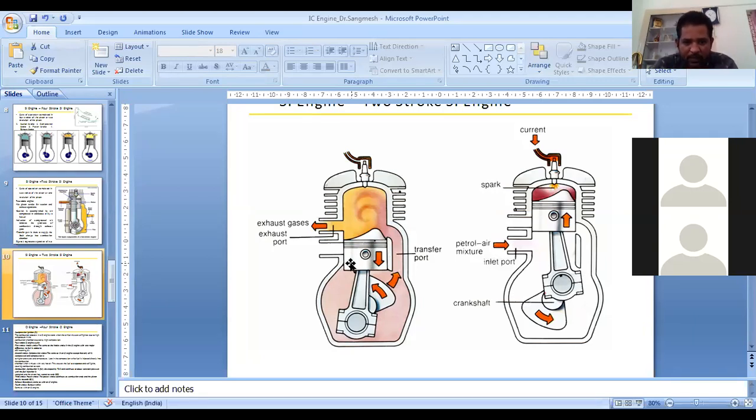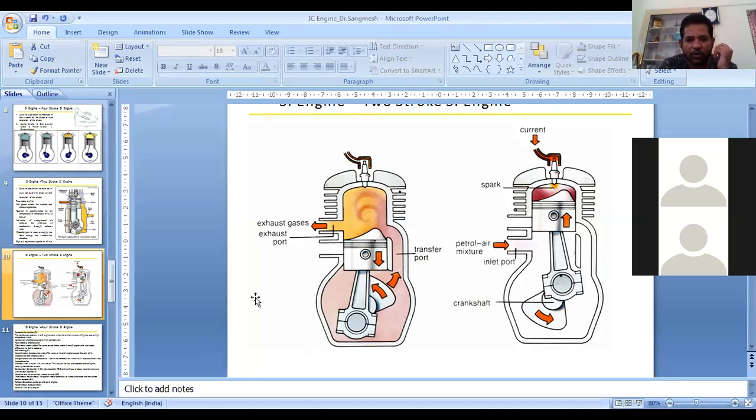In the first figure on the left side, as the piston starts moving from top to bottom, it completes two tasks. One is the expansion stroke, or power stroke, and the second one is exhaust.